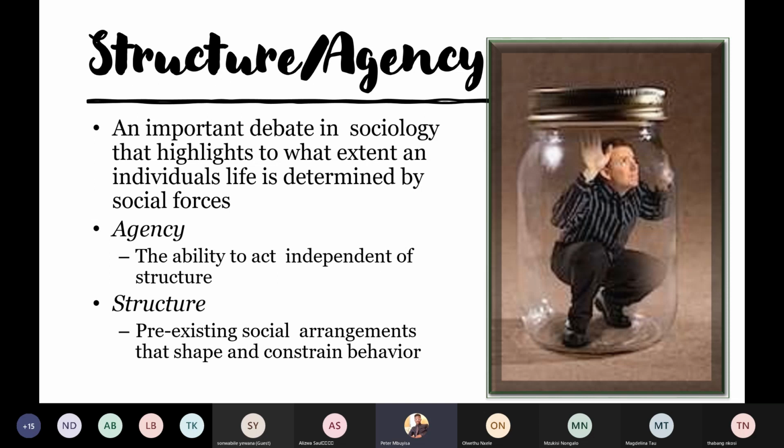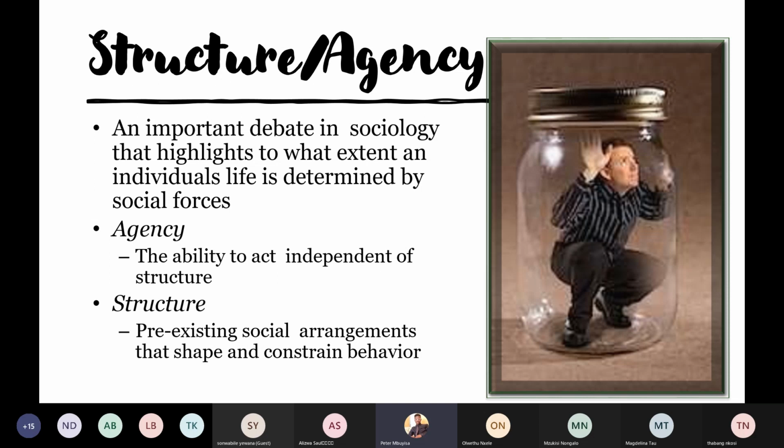This has been a very important debate in sociology that assists us in understanding how small groups in society are influenced by broader society, and how a broader society can be affected by these small groups. We define agency as the ability to act independent of structure, and we define structure as the pre-existing social arrangements that shape and constrain behavior. So what does that mean?